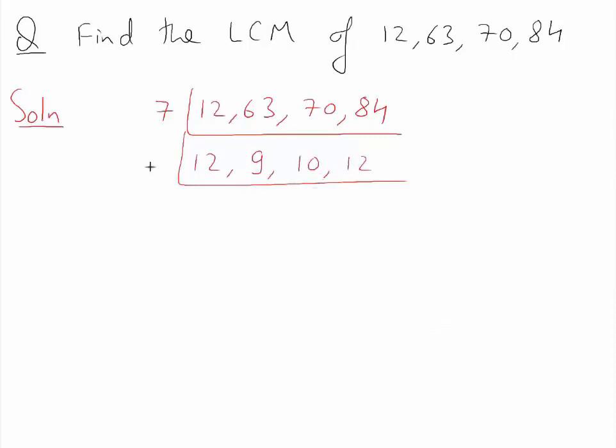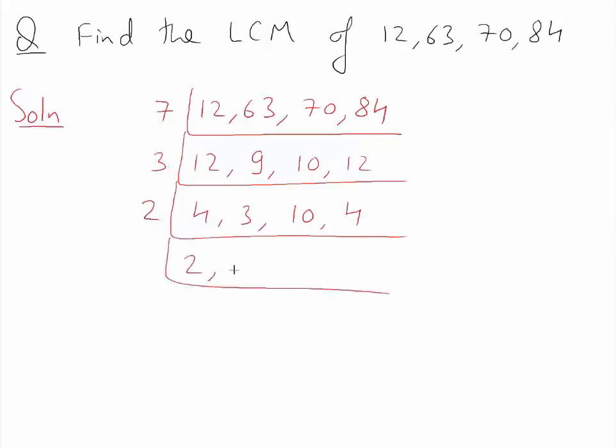Now next number we can divide this by is 3. So this will give me 4, 3 and then this will remain 10 and this will be 4. So next number we can divide this by is 2. So this will give me 2, 3 and then this will be 5 and this is 2. We can further divide this by 2. So this will give me 1, this will remain 3, this will remain 5 and this will become 1.